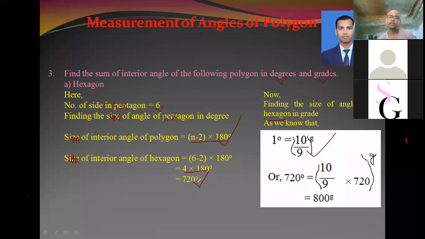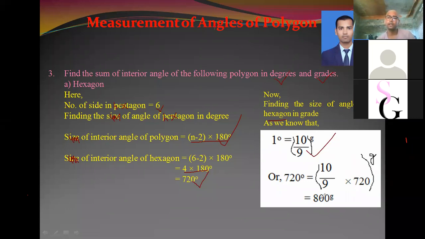The answer we got in degrees is 720 degrees as the sum of the interior angles of the polygon. So 720 degrees is equal to 10 by 9 into 720 grade.